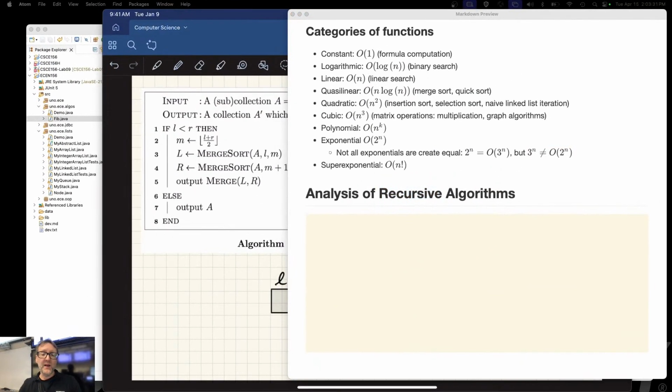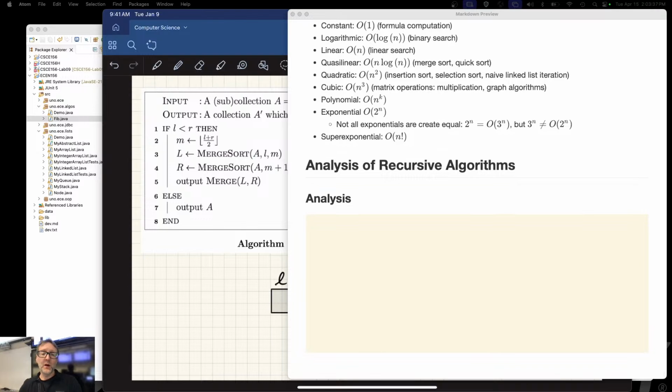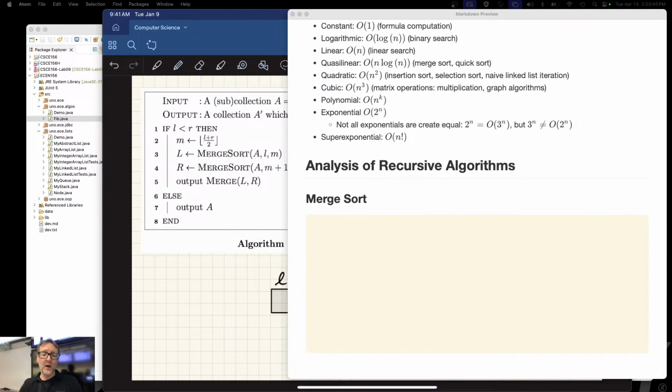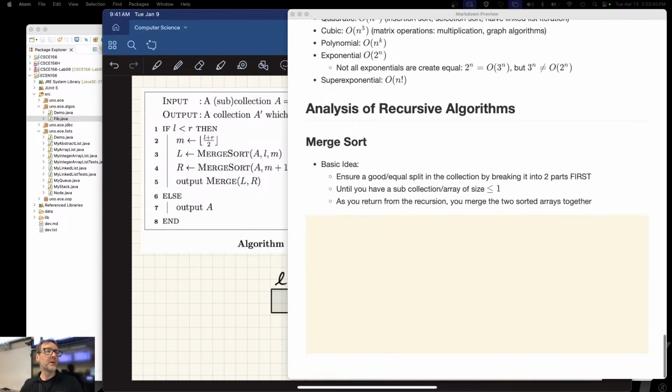Now that we've got that as a review here, how do we actually go about analyzing this thing, right? So, actually, let's review merge sort here first, right? The notes that I've got. Yeah, here we go. We'll come back to this as well. We need to ensure a good equal split in the collection by breaking it up into two parts first, until you have a sub-collection of size at most 1.